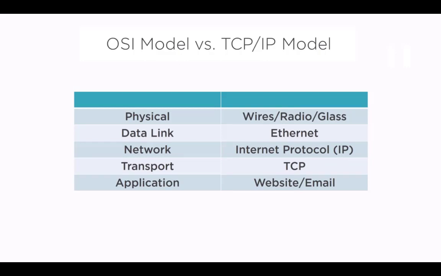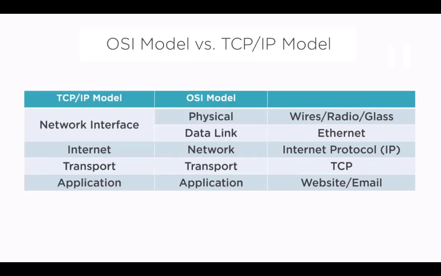Likewise, we have another model called the TCP/IP model. The TCP/IP model is composed of 4 layers: network interface, internet, transport, and application. Basically, the difference between the OSI model and the TCP/IP model is that in the TCP/IP model, we have combined 2 layers of the OSI model, the physical layer and data link layer, and we call it network interface. The function is the same as in the OSI model.